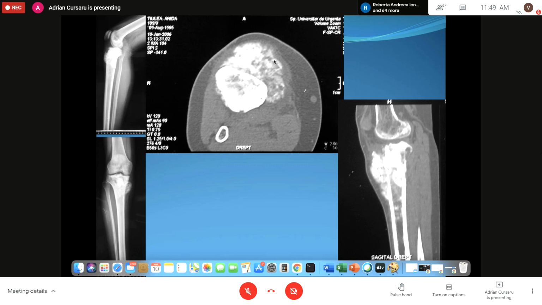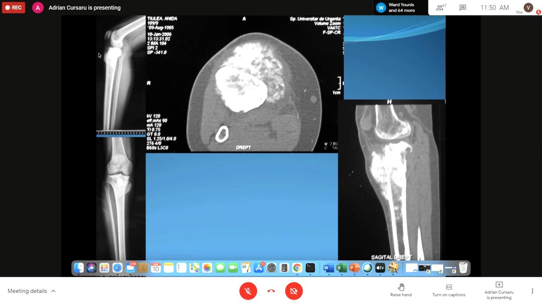There exists a discrepancy between the X-ray in most cases in comparison to the CT scan, and it is very important to use X-rays to see the type of the tumor, to make a lateral view, an anterior view, that 3D view. But then it is very important to ask for other types of investigation to see the extension in the soft tissue, because on the X-ray you will never see the soft tissue extension.